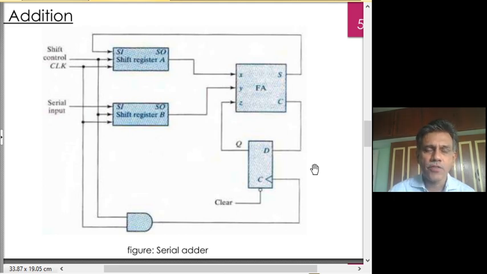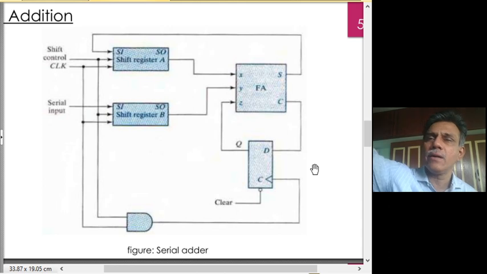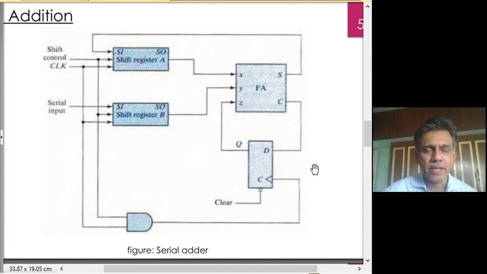If you want to add 2 4-bit numbers, then we have seen how a 4-bit adder can be constructed using 4 full adders. Suppose you have only 1 full adder and you want to do 4-bit additions using 1 full adder only, we can do so using a shift register.